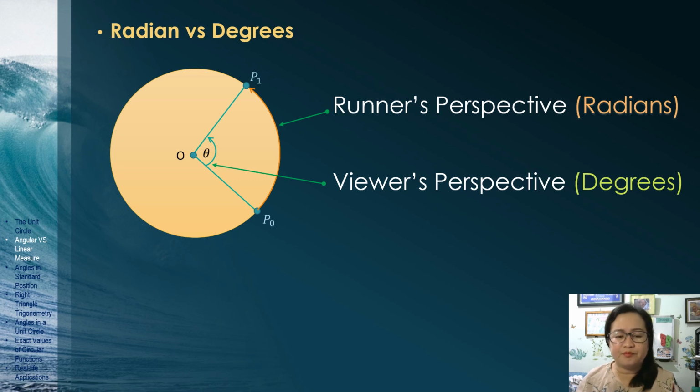What does this mean? For example, your friend is running around a circular racetrack, and you are standing at the center of the racetrack and you are observing your friend running on the racetrack. If your friend will be asked about the distance that he or she has traveled, it is better to express the distance or the measure of the arc in radians.